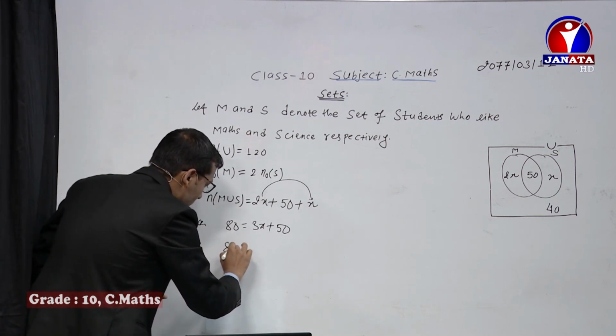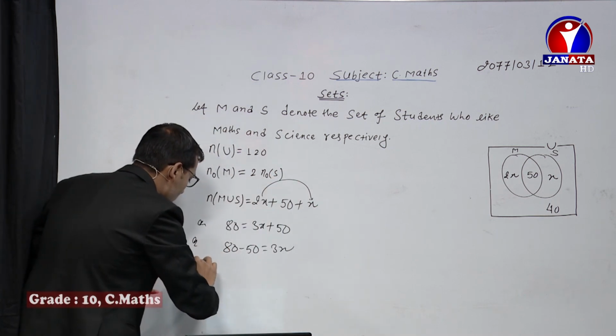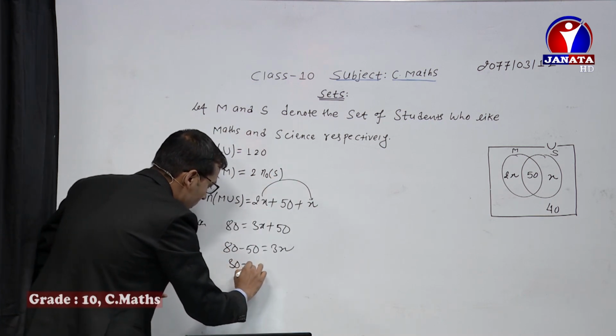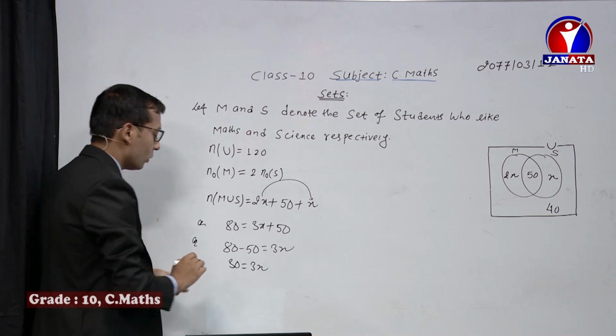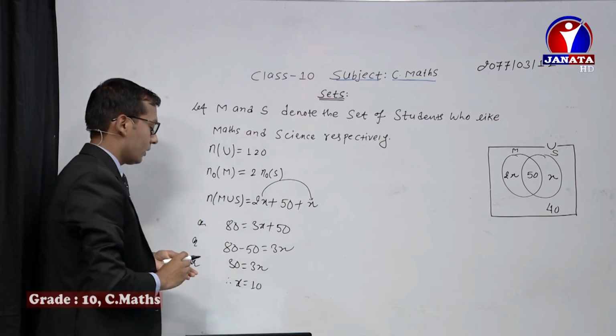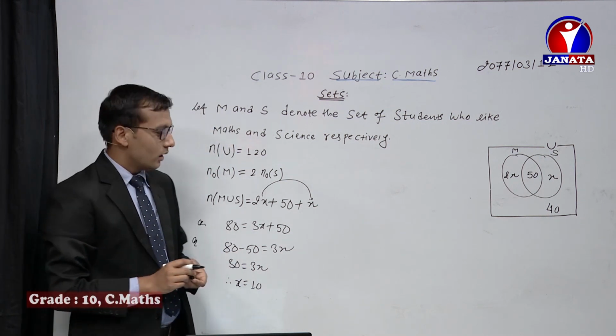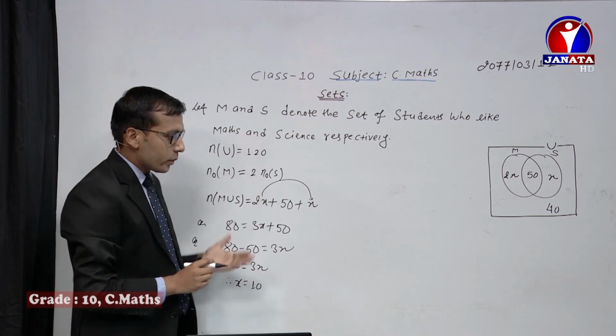Or 80 minus 50 is 3 times x, so 30 is equal to 3x. Therefore, what is x? X is 10. 30 over 3 is 10. So I hope you are getting this.